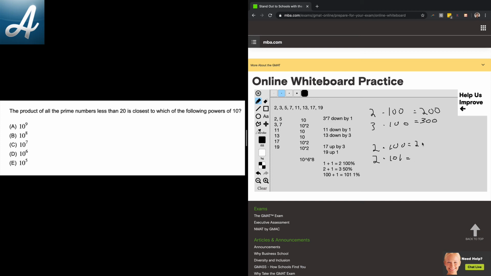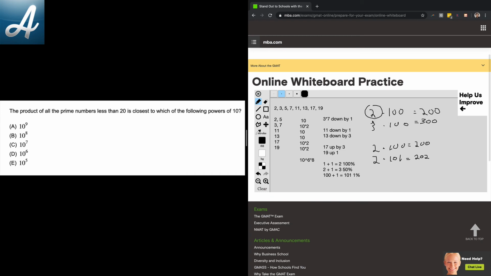But hopefully the point is really clear that adding the same number to a small number, 2 to 3, versus a big number, 100 to 101, has a much bigger impact. In this one we've gone from 200 to 300, this one we've gone from 200 to 202, so 300 versus 202 is our difference there.